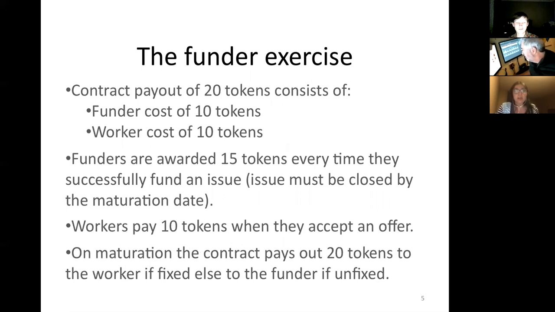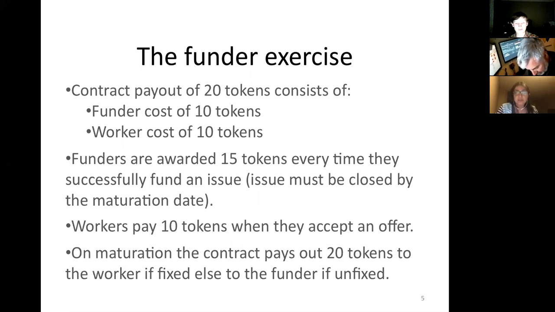The contract payout of 20 tokens consists of 2 parts: the funder cost of 10 tokens and a worker cost of 10 tokens. So this is again something new for the worker role. Workers now incur a cost when they accept an offer of 10 tokens. Funders are awarded 15 tokens every time they successfully fund an issue.